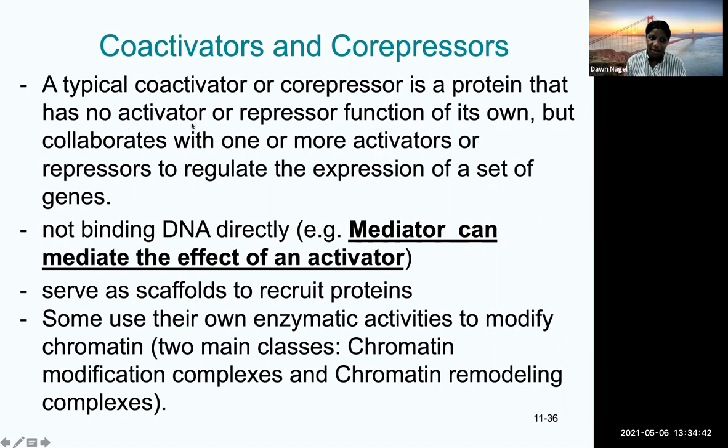So they themselves have no activator or repressor function, but what they interact with will determine what their regulatory role might be, okay? So they don't bind to DNA directly, they more serve as a scaffold to help recruit a number of other proteins and have everything present within the promoter.